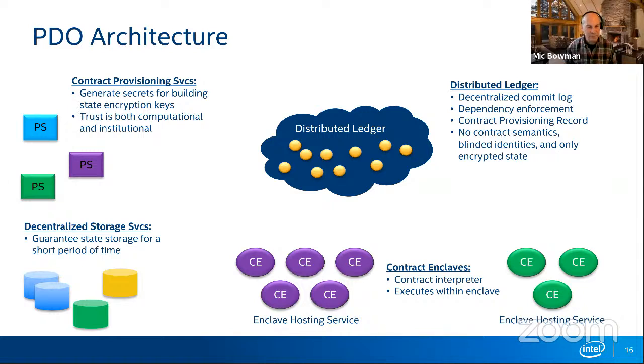So we don't have any persistent storage, but what we've been able to do is to show that we can guarantee availability of state updates for a certain period of time. And that allows anyone who's participating in the contract to guarantee that they can get at the most recent authoritative copy of the state. So this is how we manage storage in an off-chain system.